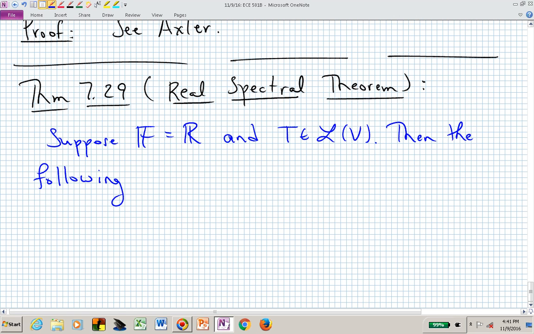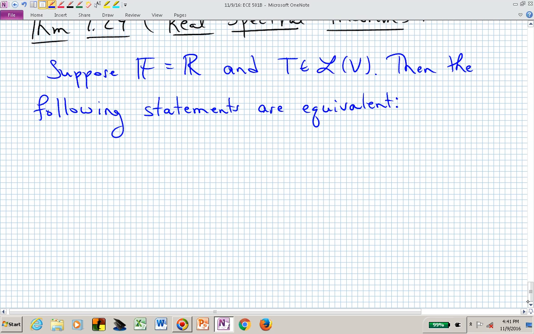The following statements are equivalent. A. The linear operator T is self-adjoint.